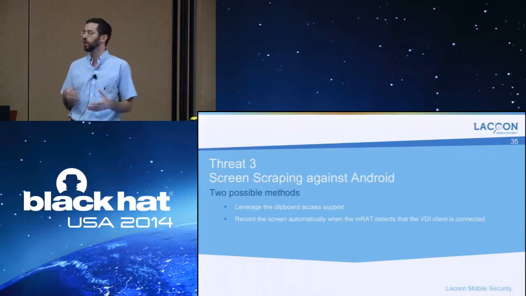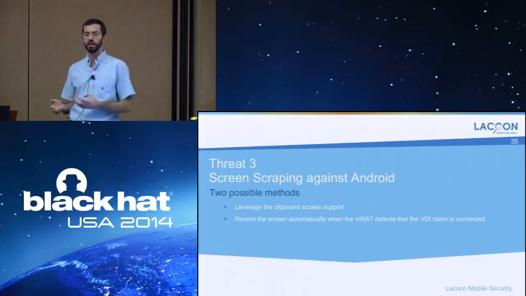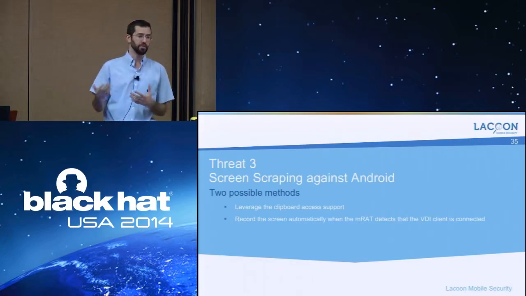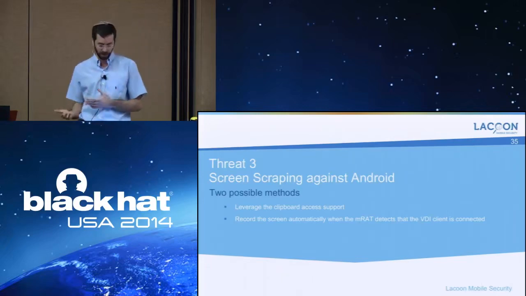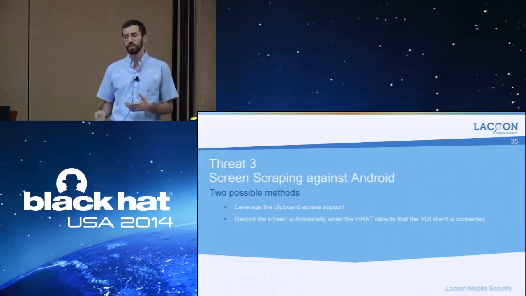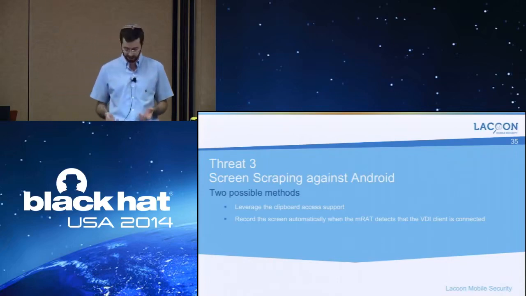You can tell it to record only specific videos for specific apps, so that you'll get a video session of that app being used and see what's actually going on. But it has a lot of problems, because then you need to OCR the data, or you have to just sit and watch it. It's not the easiest thing to do.